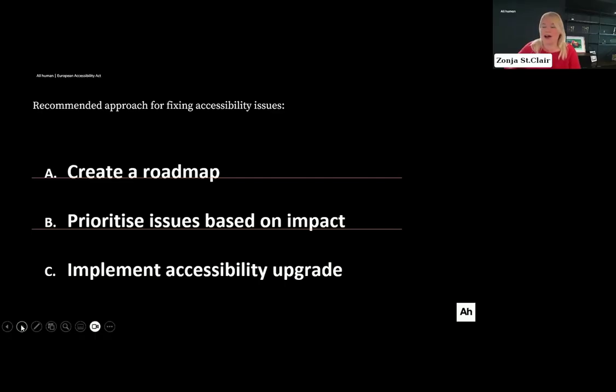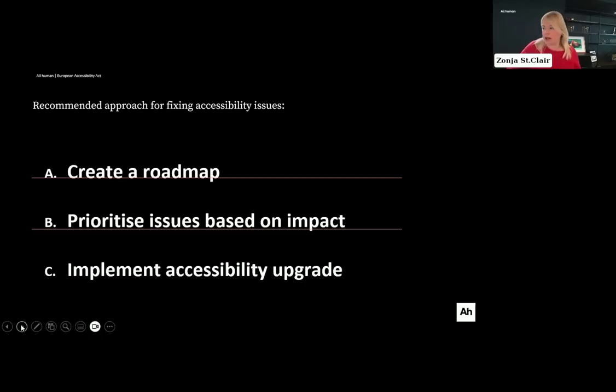Thank you. So you have your audit, you have your list of issues, the blockers for accessibility. Really, what's next and how do you implement these? As John mentioned, your report should have a comprehensive list of the issues marked by severity.